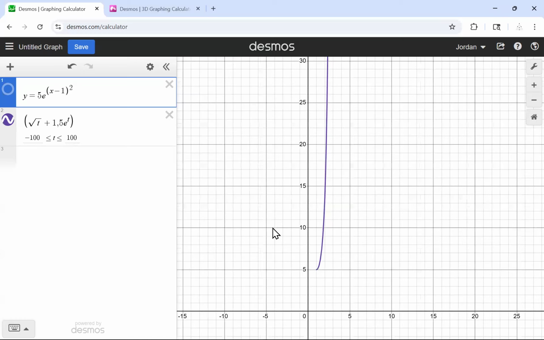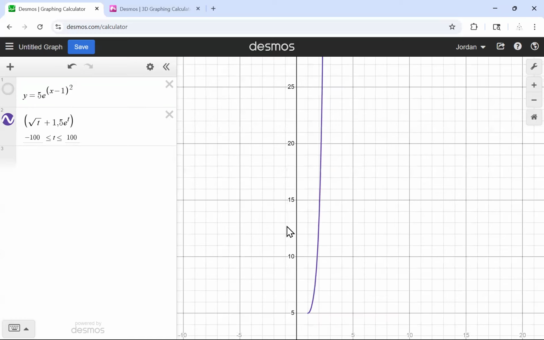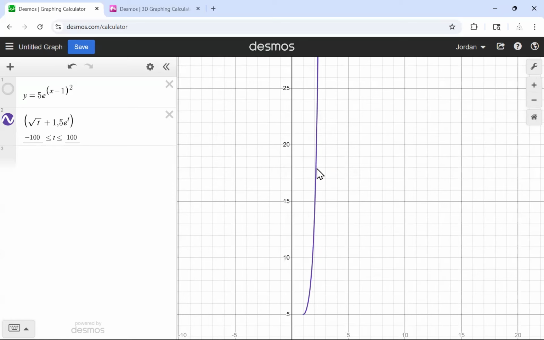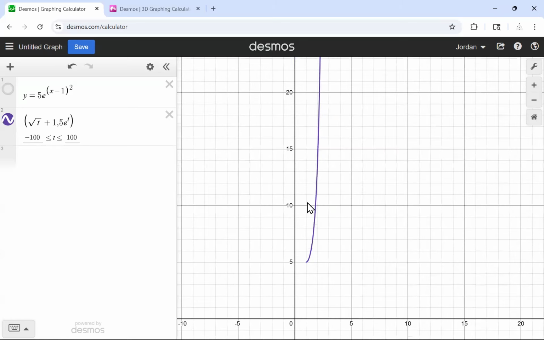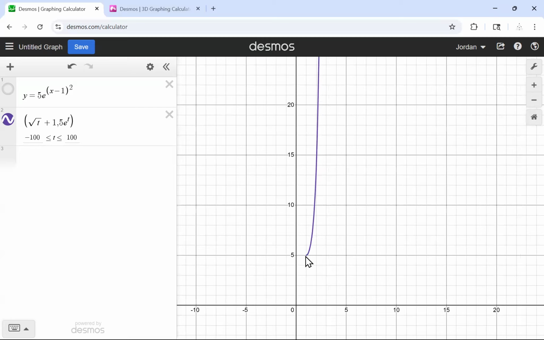My parametric equations are just going to give me the right-hand side of that graph, the one where x goes from 1 and higher. Because I can't plug in square root of a negative number and get something that I can graph on my xy plane.